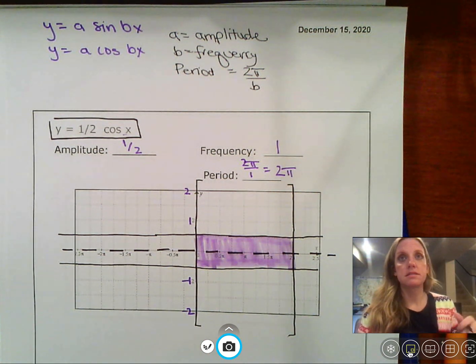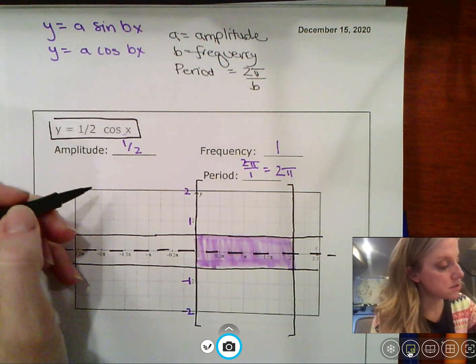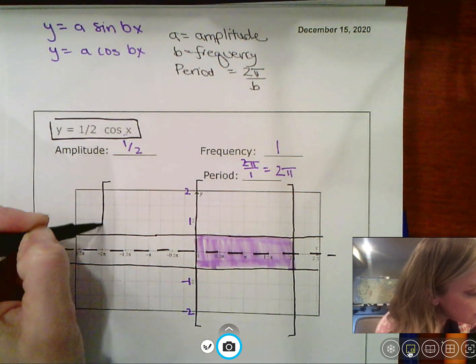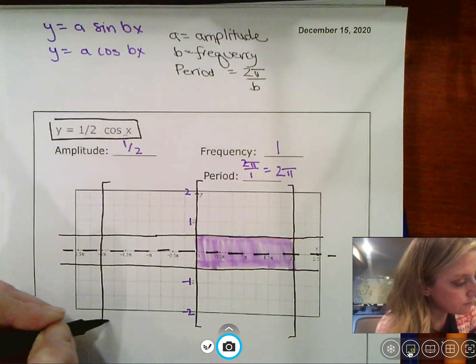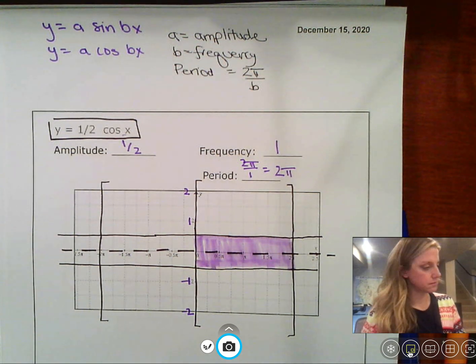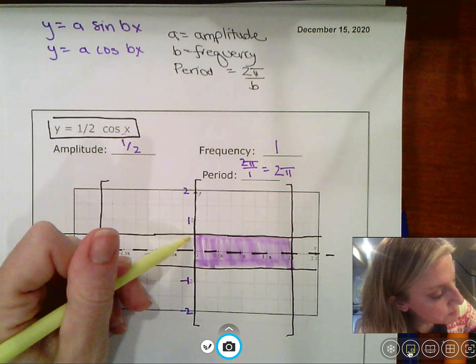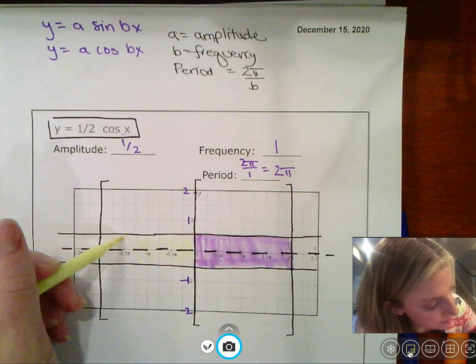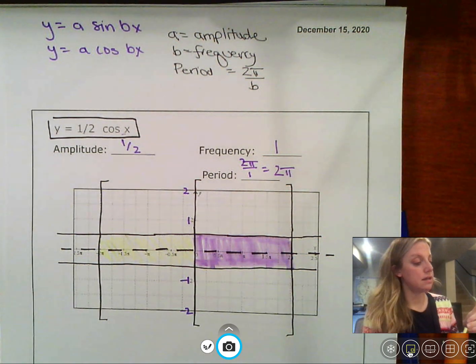I am going to ask that you always try your very best to do 2 cycles. So I'm going to go 2 pi to the left, so I'll have one cycle in this box here, one cosine, and another one in the purple.